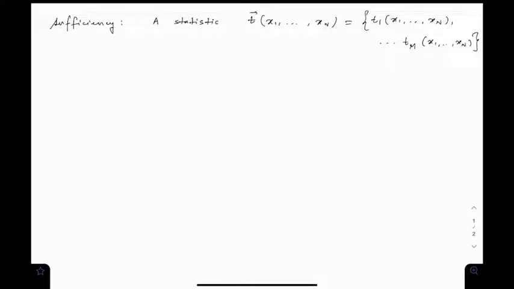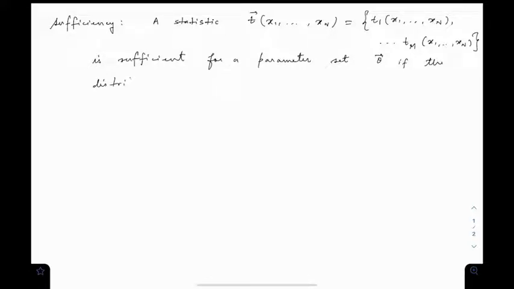So this statistic is sufficient for a parameter set theta if the distribution of a sample comprising x1, x2 up to xn, given t, does not depend on theta.